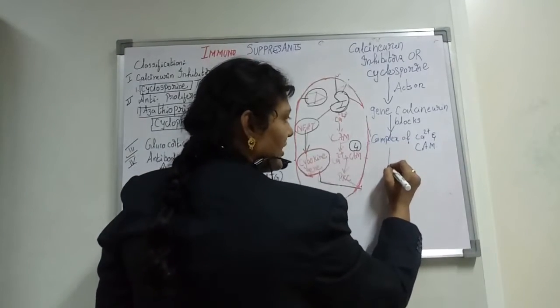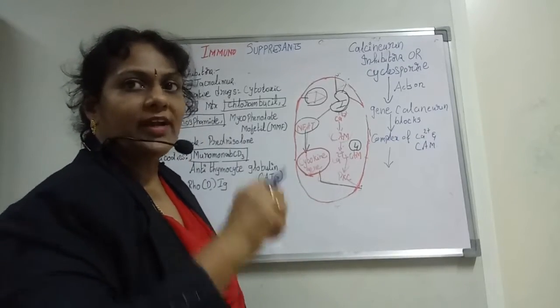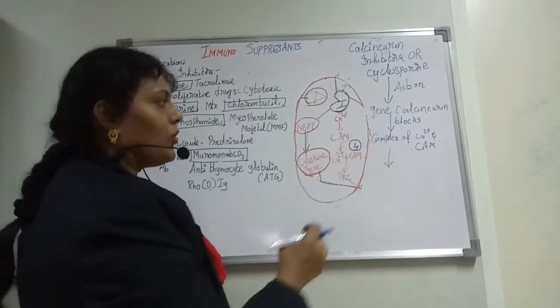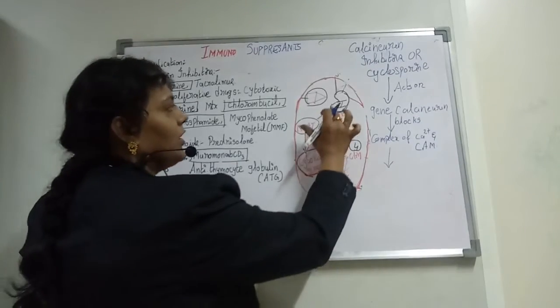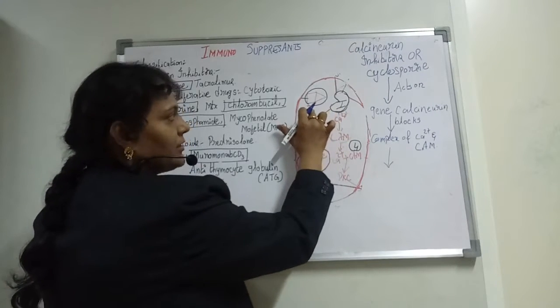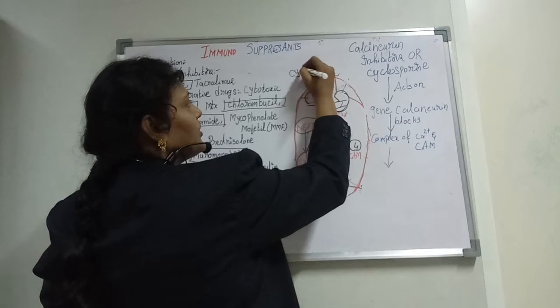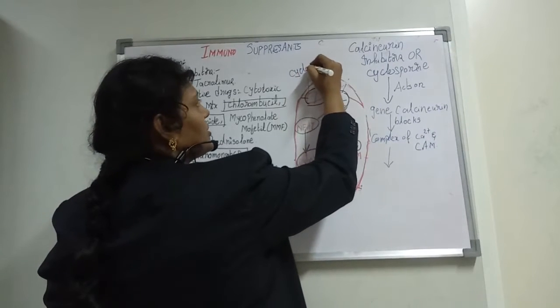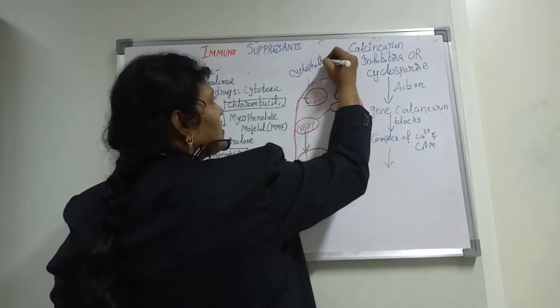After this, once again you give an arrow and tell what is happening after the blocking of that calcium complex. In order to represent this, we need to understand one more point: for this inhibition, this part is the cyclophilin. It is one of the genes present in the T cells, called cyclophilin.